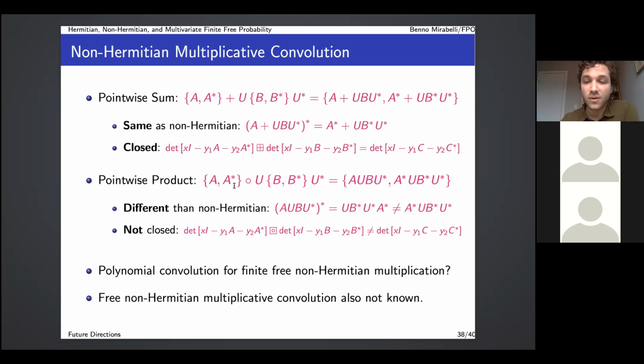But for the multiplicative case, if I do the pointwise product of these pairs of matrices, A and A star and B and B star, this unitarily invariant pointwise product, I get another pair of matrices that are not necessarily conjugate transposes of one another.